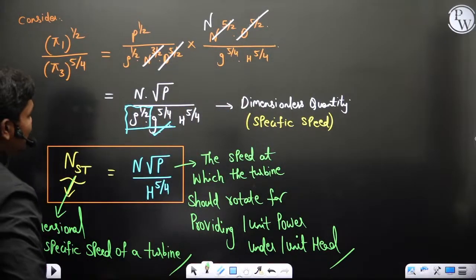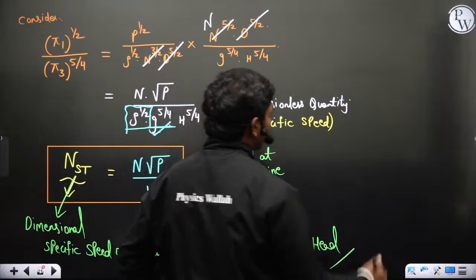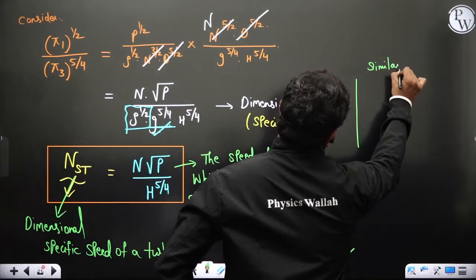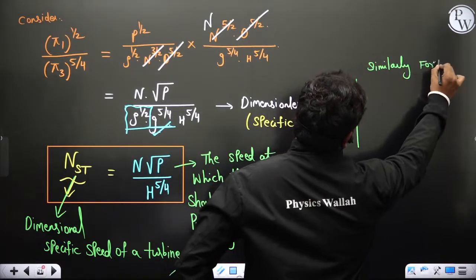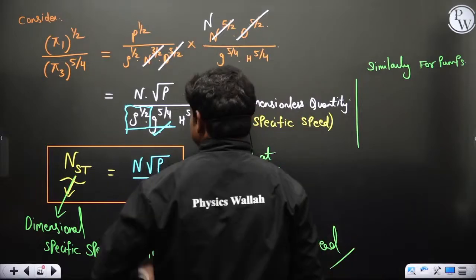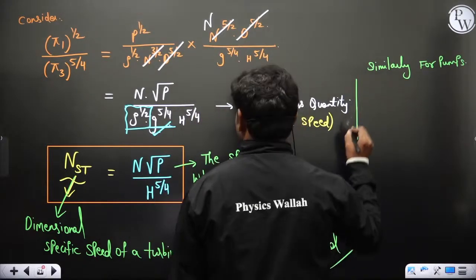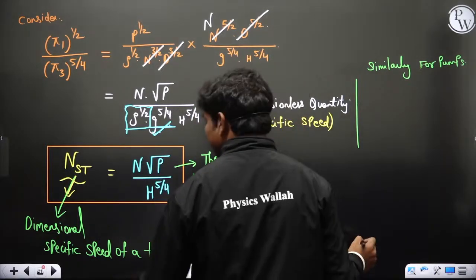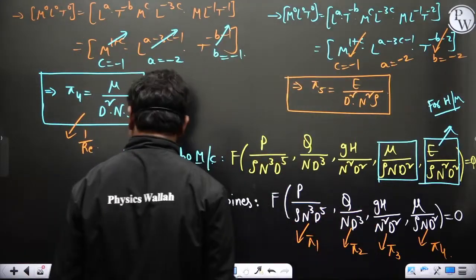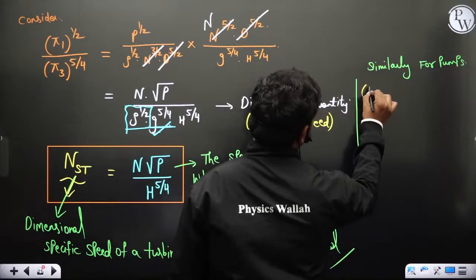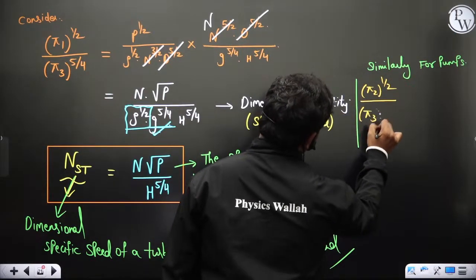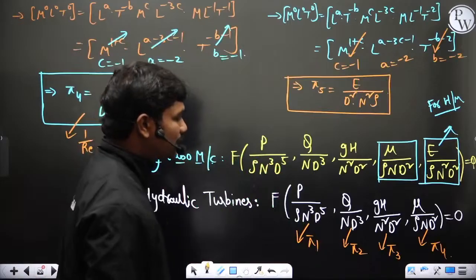Now anyway, this is what you have. Similarly for pumps, you can understand. Normally in the case of pumps, discharge is of main concern and also the power supplied, so you will see N and Q. If you take these terms like Q and gH, pi 2 power 1 by 2 by pi 3 power, what is the constant here? gH power 3 by 4, I guess.